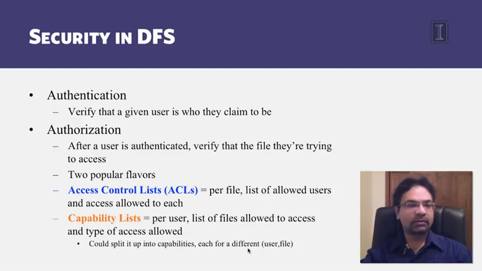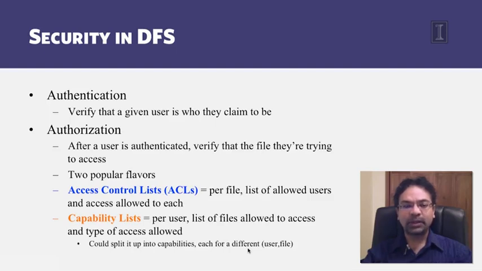A capability list is the inverse, which is a per user list, and on a per user basis, it specifies the list of files and directories, if necessary, that that particular user is allowed to access, and for each of those files, what mode or modes that user is allowed to access those files in. Now, capability lists are often split up into capabilities.